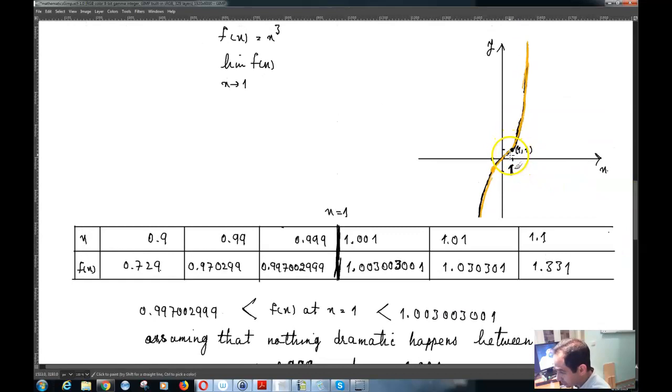On the graph of this function, what I'm looking for here is the limit of the function as x tends to 1.